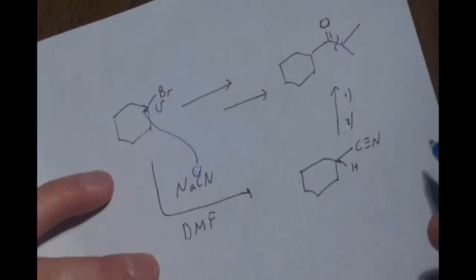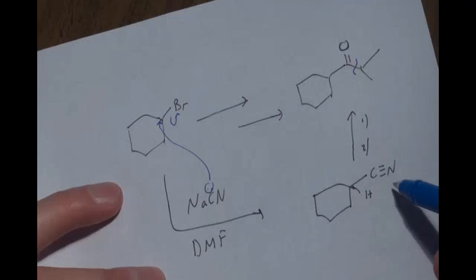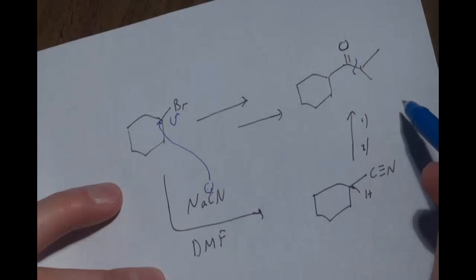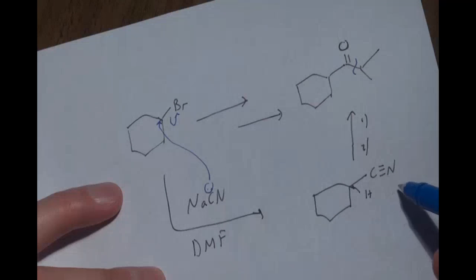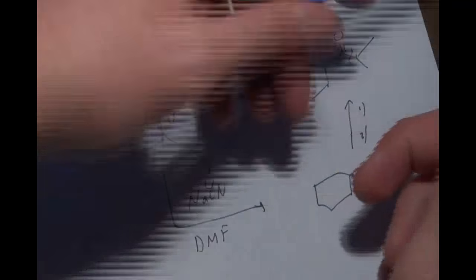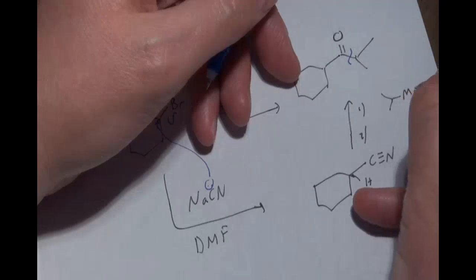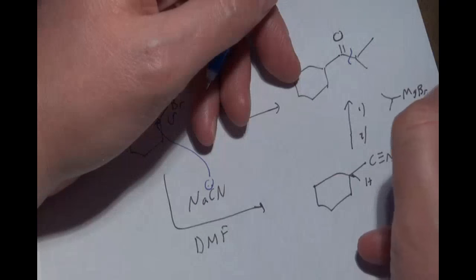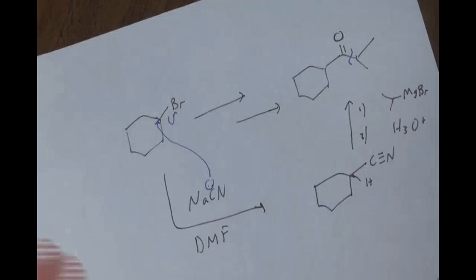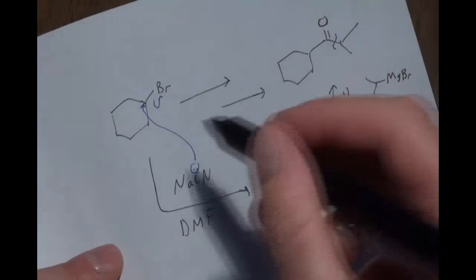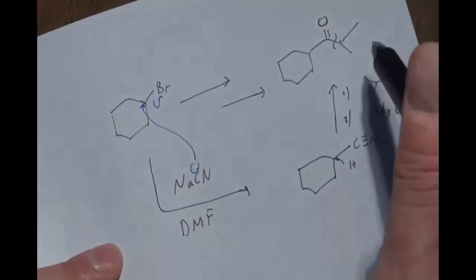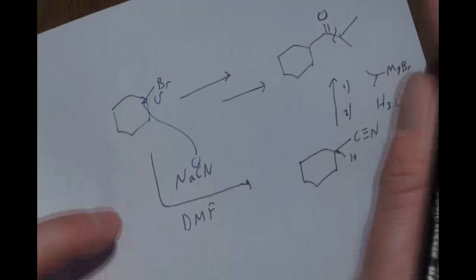But what is the way to convert this nitrile to an isopropyl ketone? Well, just throw in isopropyl Grignard. And you're done, you got it. So that was a pretty easy way to go from a bromide to an isopropyl ketone. Okay.